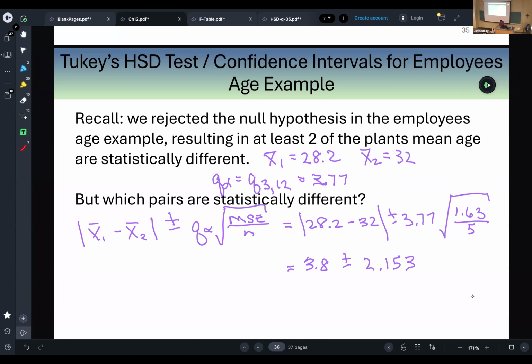And so we need a lower and an upper bound for this.